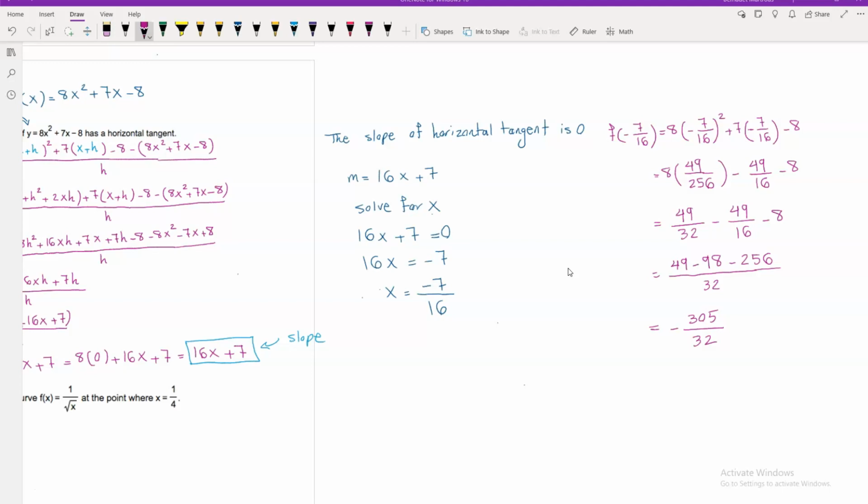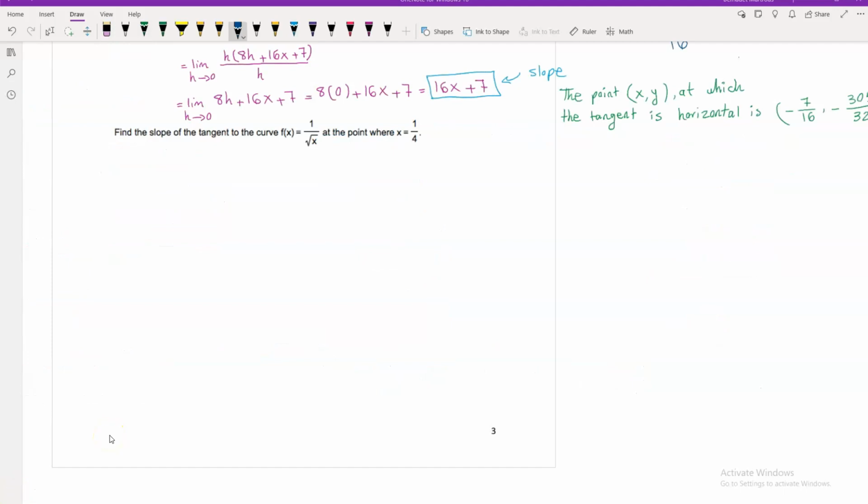Simplify, and the answer is negative 305 divided by 32. So the point (x, y) at which the tangent is horizontal is negative 7 over 16 and negative 305 over 32.